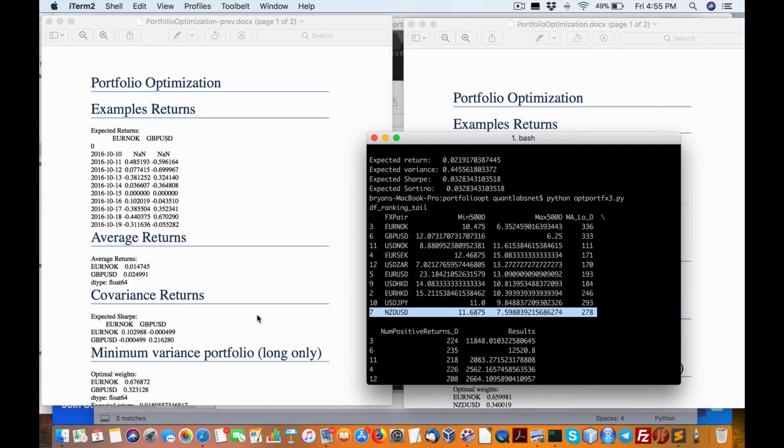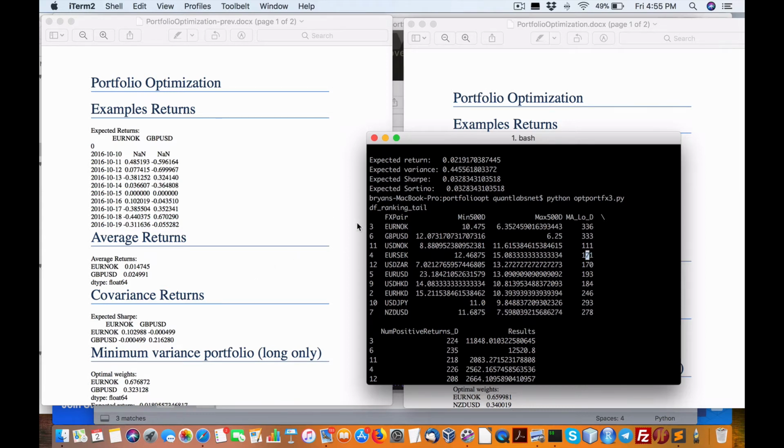So it's four combinations on this type of analysis. Let me repeat. We have one for long only using minimum variance, short and long, and then Markowitz long only and Markowitz short and long. So we're going to be doing two comparisons.